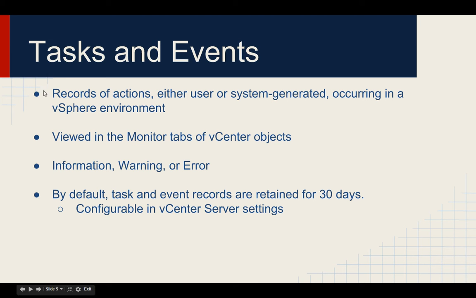Tasks and events are records of actions that are occurring in a vSphere environment, whether they're user-generated by doing something in the environment, or through the API, or whether they're system-generated in response to something occurring in the environment. They can be viewed on the monitor tabs of vCenter objects at pretty much every level, and every type of object will have a monitor tab showing the tasks and events related to that object and its children.